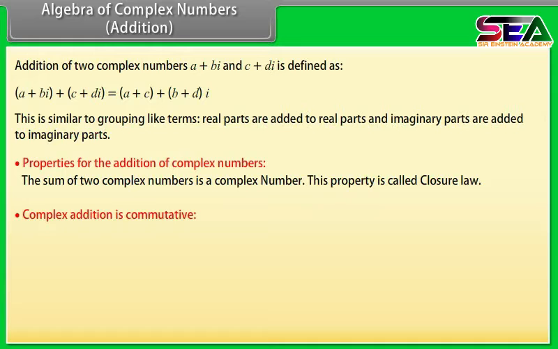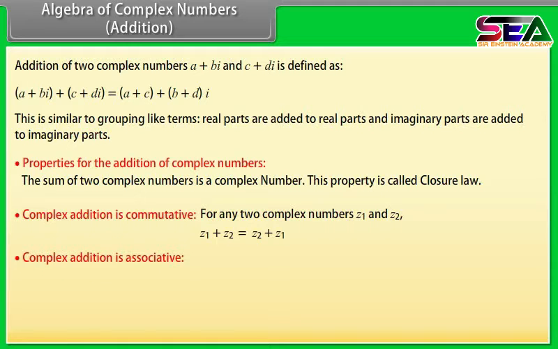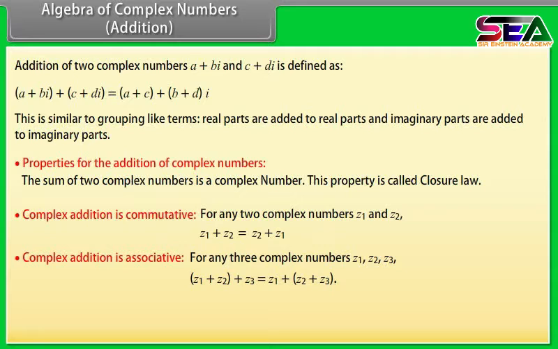Complex addition is commutative. For any two complex numbers, z1 and z2, z1 plus z2 is equal to z2 plus z1. Complex addition is associative. For any three complex numbers, z1, z2, z3, (z1 plus z2) plus z3 is equal to z1 plus (z2 plus z3).